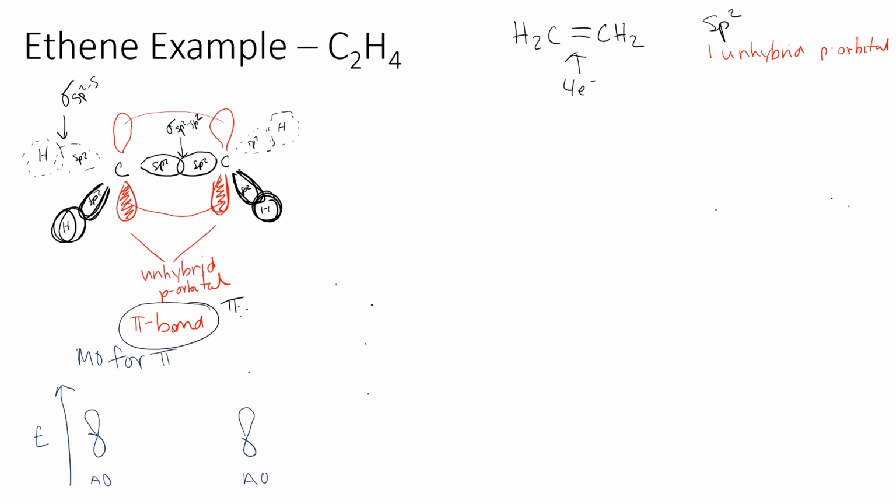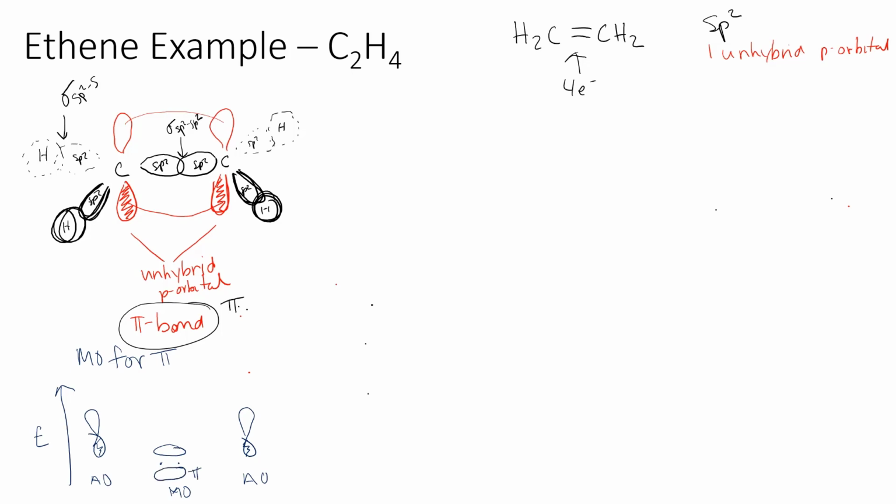So there are my 2 atomic orbitals that are p in nature. So one side would be shaded, one side would not be shaded. Again, the middle is going to be my molecular orbitals. One of them is going to be lower in energy, one of them is going to be higher in energy. But when we get ready to do the overlap for my 2 nuclei, what we're going to see is that that overlap is going to be above and below the internuclear axis.